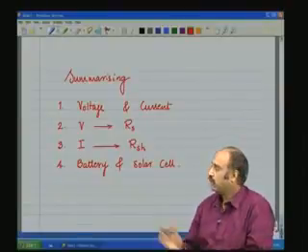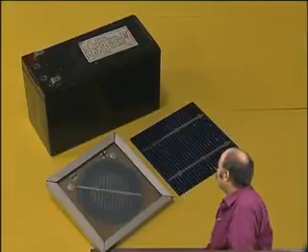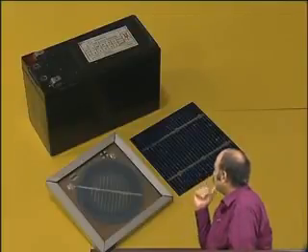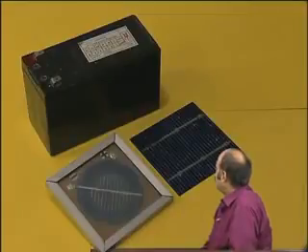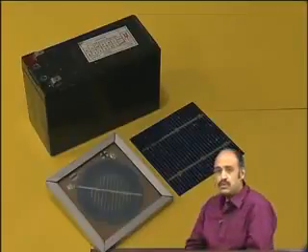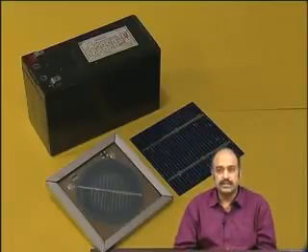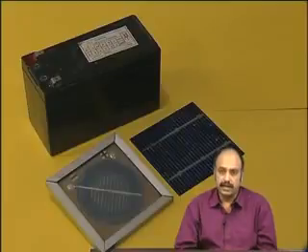And of course, we did have a close look at the lead acid battery and the polycrystalline and monocrystalline solar cells. These are DC sources: DC voltage and current source in the case of the solar cell, and a DC voltage source in the case of the battery.